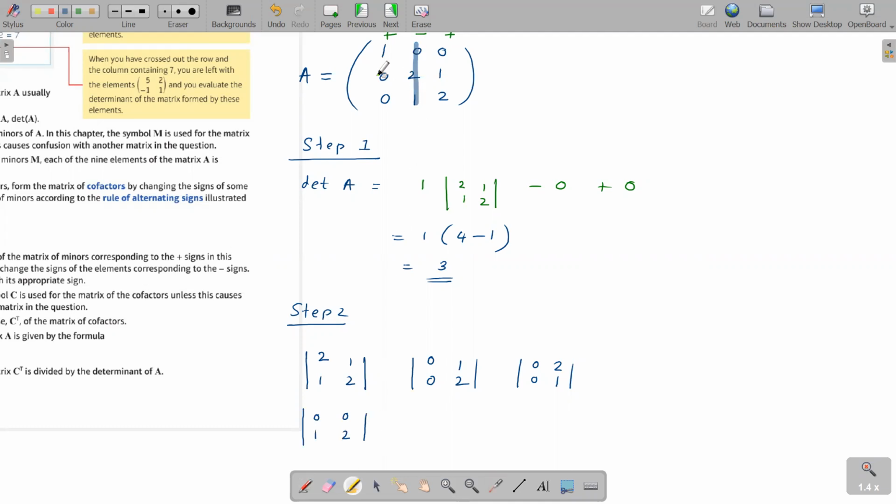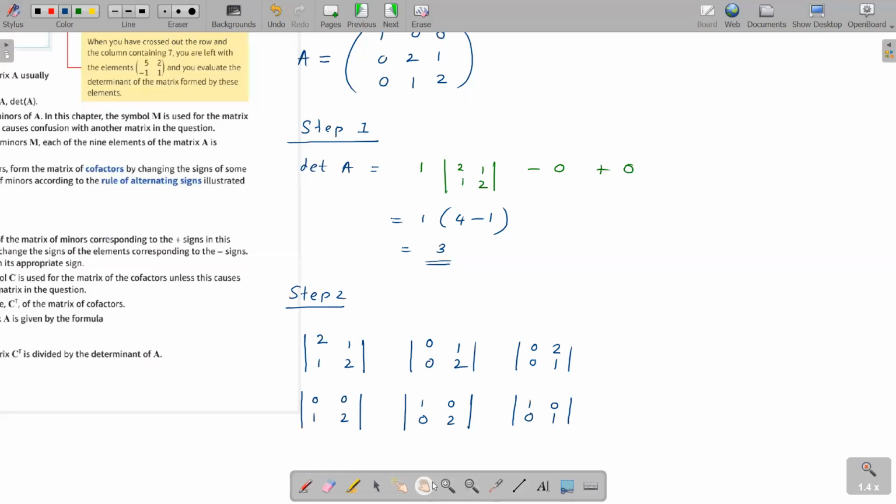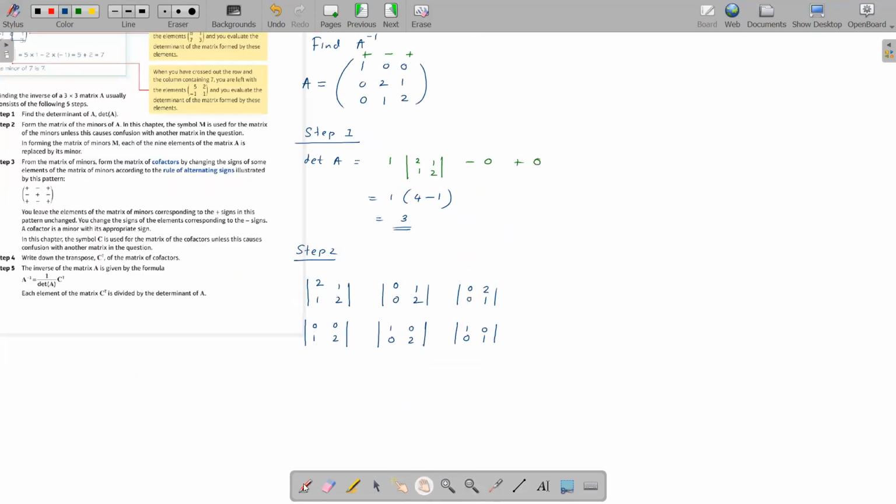The next one, remove the row and column with 2. What's happening? 1, 0, 0, 2. The next one, again remove the row and column with the 1 here. What happens? 1, 0, 0, 1. Last row. Remove the row and column with the 0. 0, 2, 0, 1.